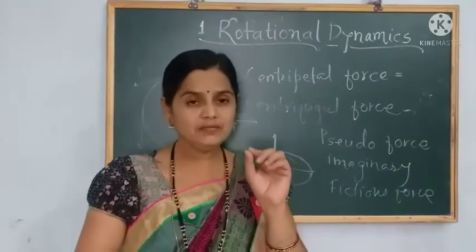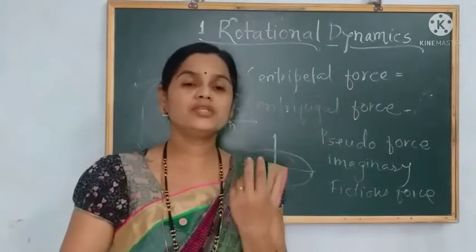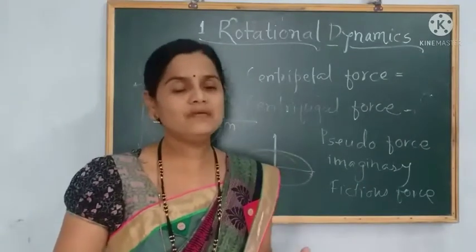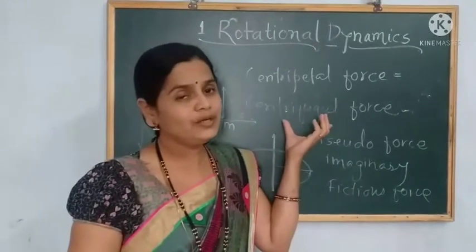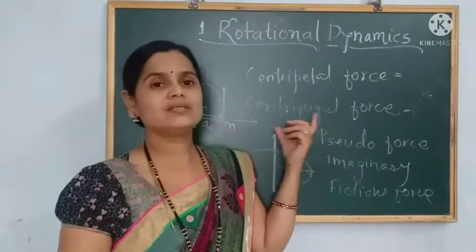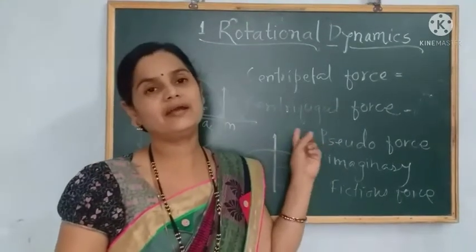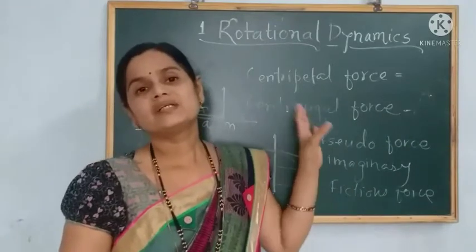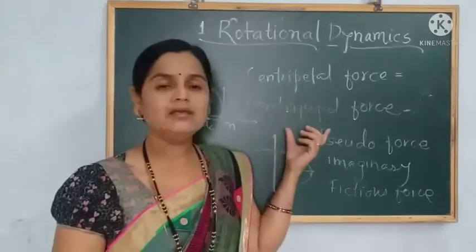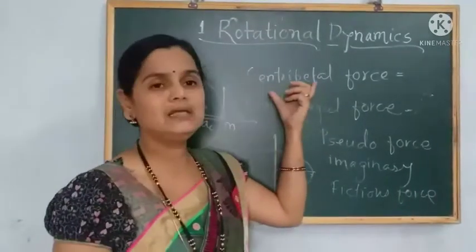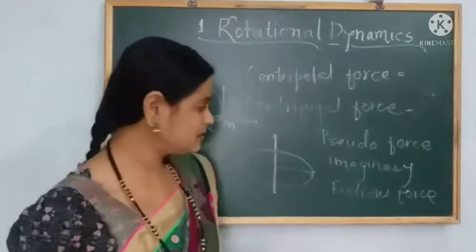When the object reaches uniform motion, we find that the magnitude of this centrifugal force, the force acting on the object along the radius and directed away from the center, is equal to the magnitude of the centripetal force, and the directions are opposite.